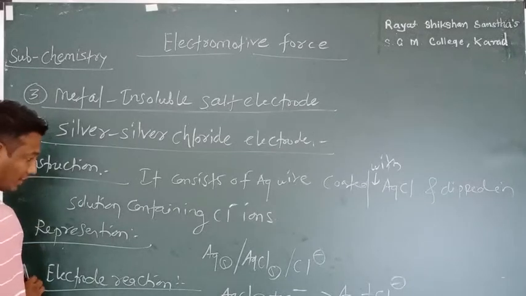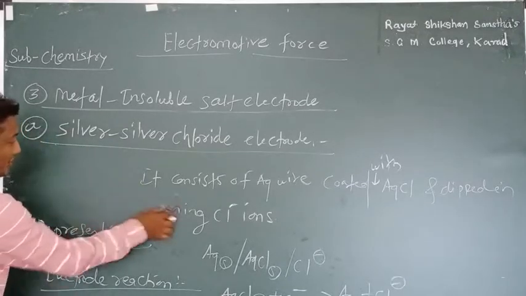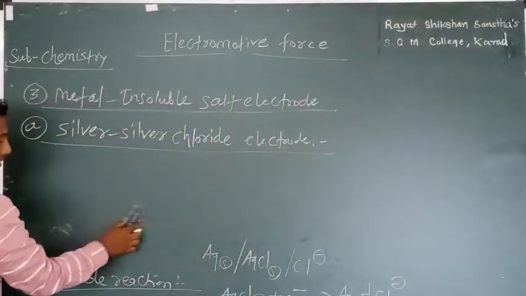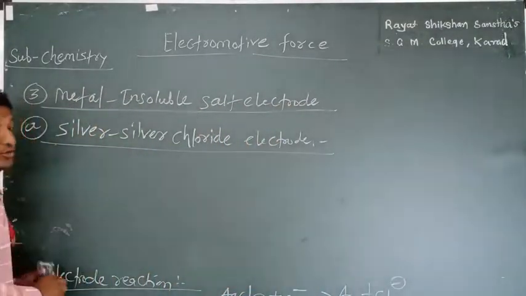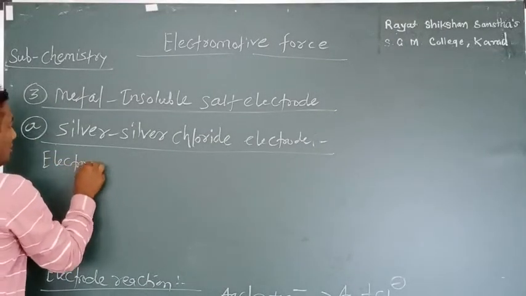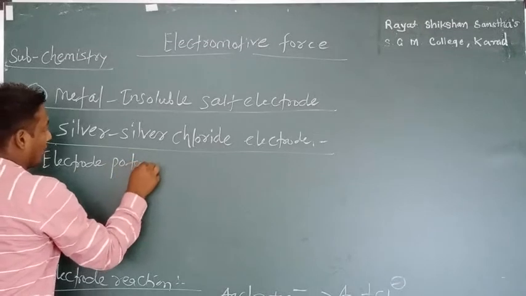Then we will see the electrode potential. And we know that we determine the electrode potential by using Nernst equation.